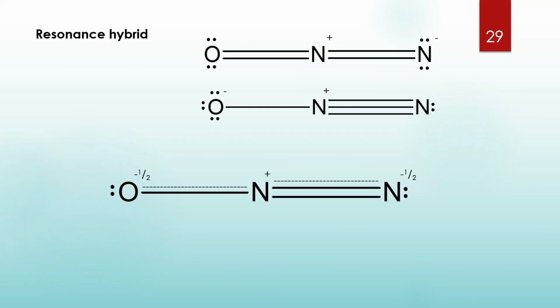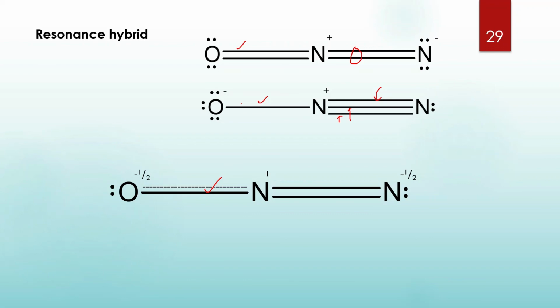So let's draw the resonance hybrid. So here you draw this sigma bond, which is permanent, and this pi bond is not permanent. So you draw a dotted line. Here, one sigma and one pi bond are found in both the structures. So you draw a double bond, and then this bond here is not found in both the structures.